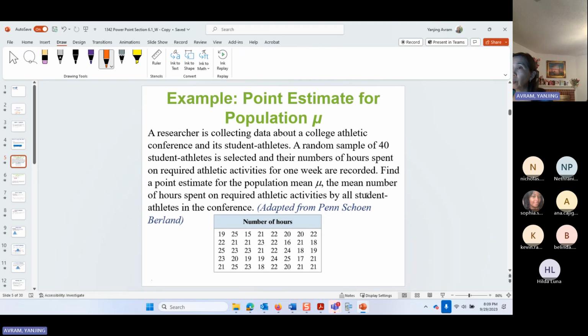We want to use this for the point estimate of the entire population mean. If we choose these 40 correctly, according to the sampling techniques we used before, these 40 student athletes will be able to represent the entire population.